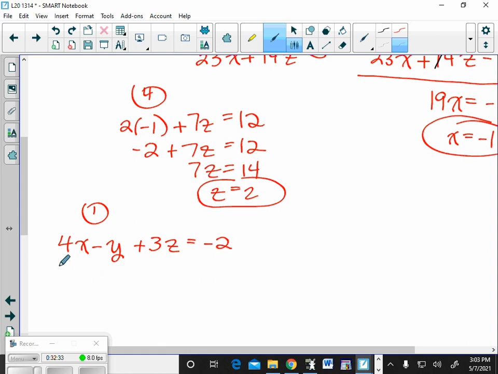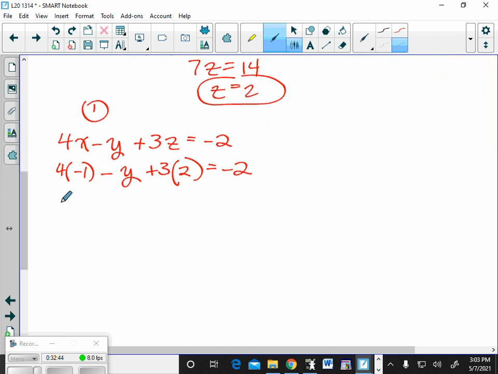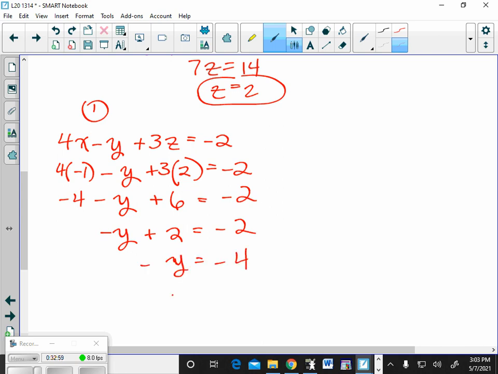So here we have 4 times negative 1 minus y plus 3 times 2, which is our z, equals negative 2. Negative 4 minus y plus 6 equals negative 2. Negative y plus 2. Negative y equals negative 4. And y is 4.